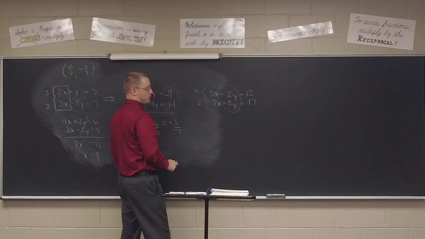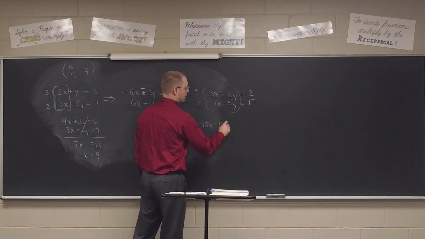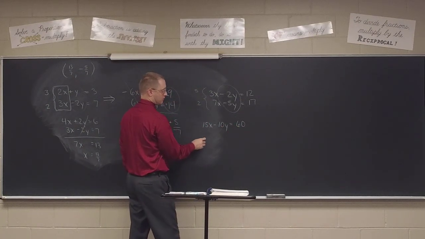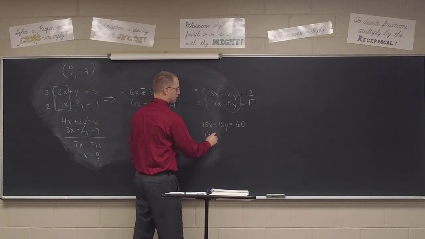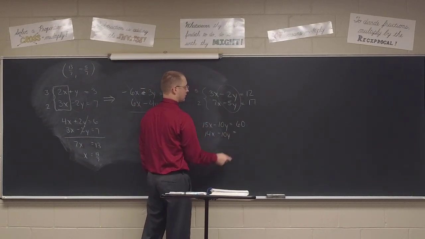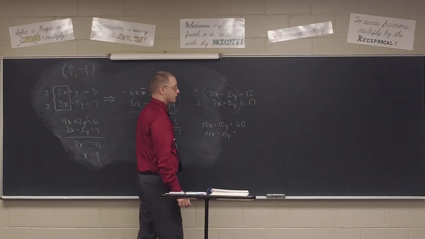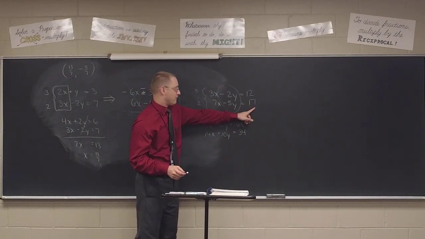What do you get when you distribute? 15x negative 10y equals 60. 14x negative 10y equals 51. Should have been 34. I think you did a 3 times a 17 there.